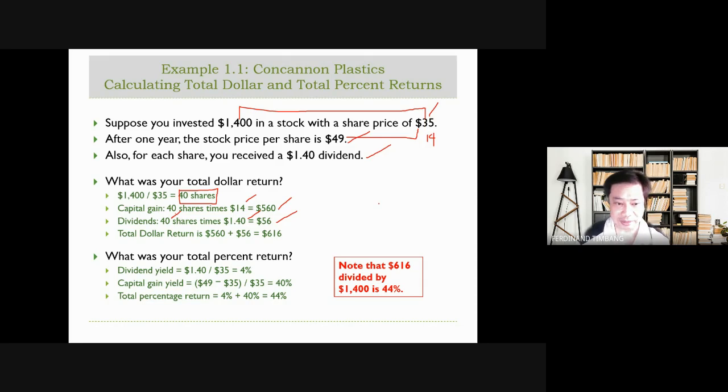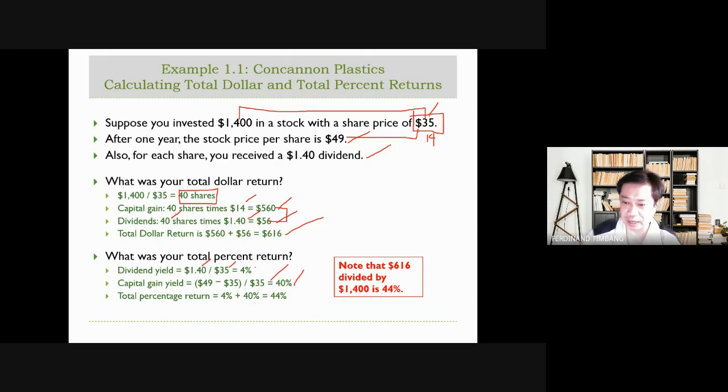So brinake lang natin sa bali ngayon. So in terms of total dollar return, you simply add these two, so we have 616. And then for the total percent return, yung 1.40 divided by 35, kasi ito yung cost natin, so that is 4%. And for the capital gain, yung 14 divided by 35, makuha natin 40%.